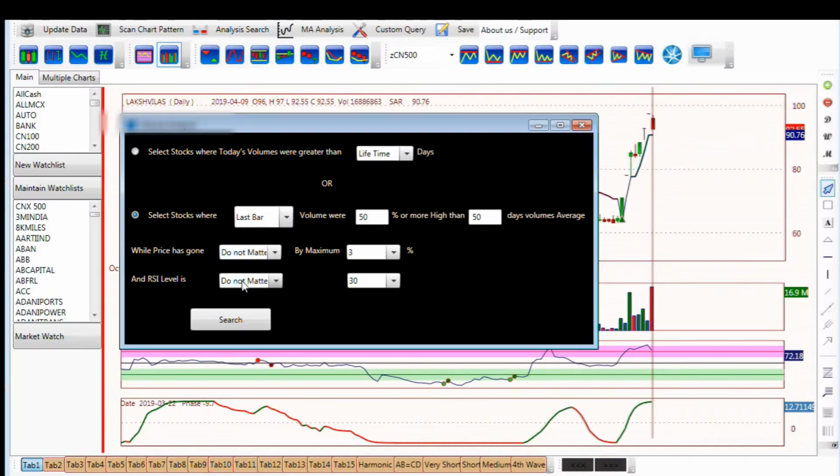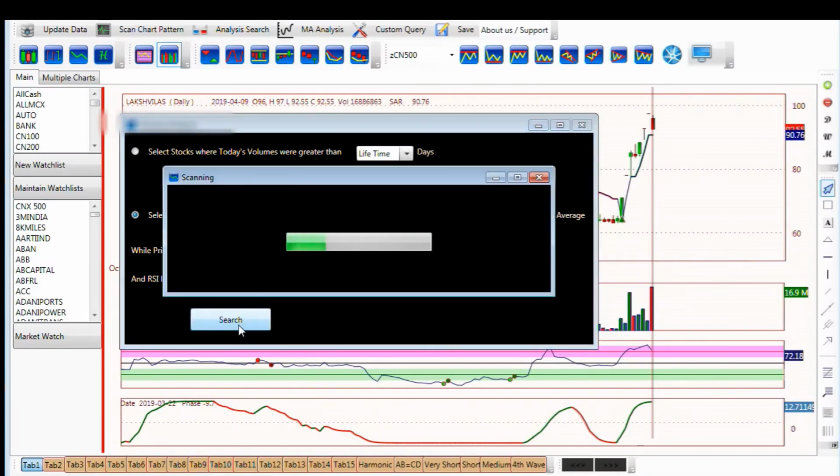And the last option is the RSI level, which helps us in scanning stocks which have shown higher volume at the top of the swing or the bottom of the swing. In this option we are scanning for RSI scan results.